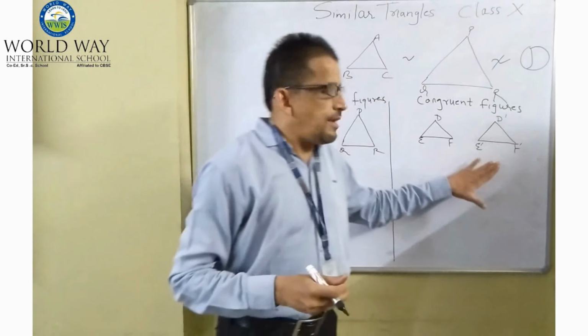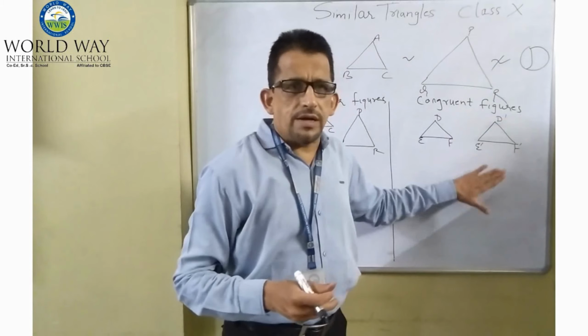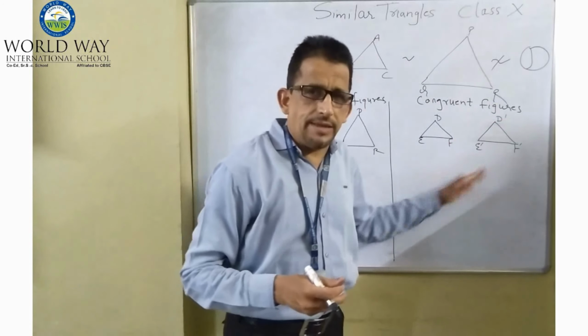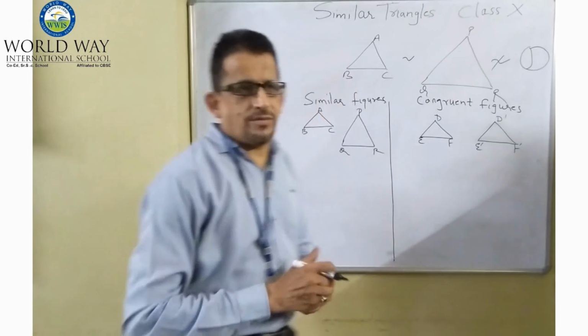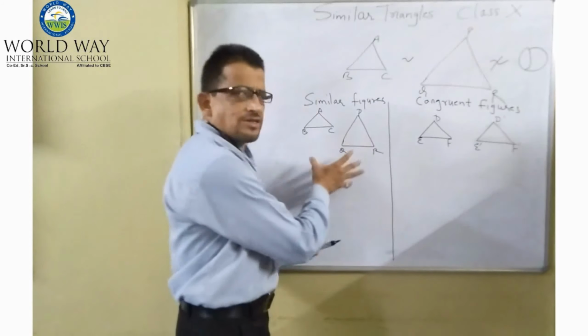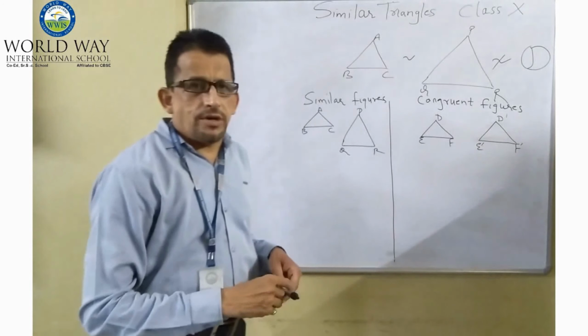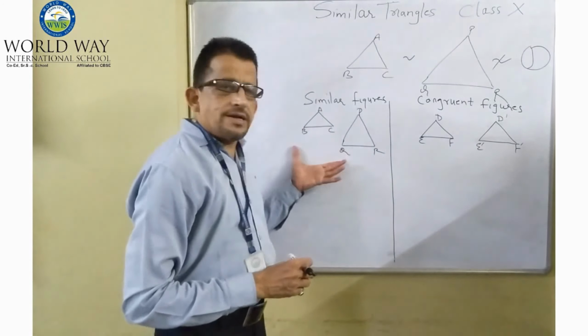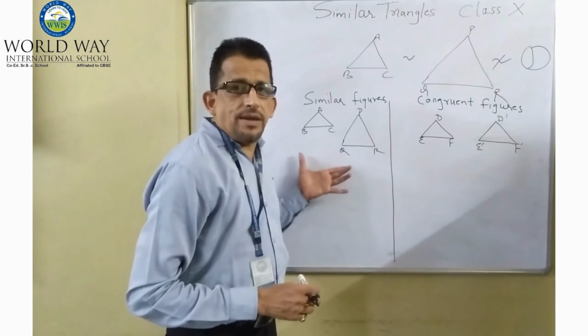But here in this column, in the congruent figures column, the two figures are the same in shape as well as the same in size. So it's clear the difference between the two. What are similar figures and what are congruent figures? So let us revise. Two figures are said to be similar if they are the same in shape.